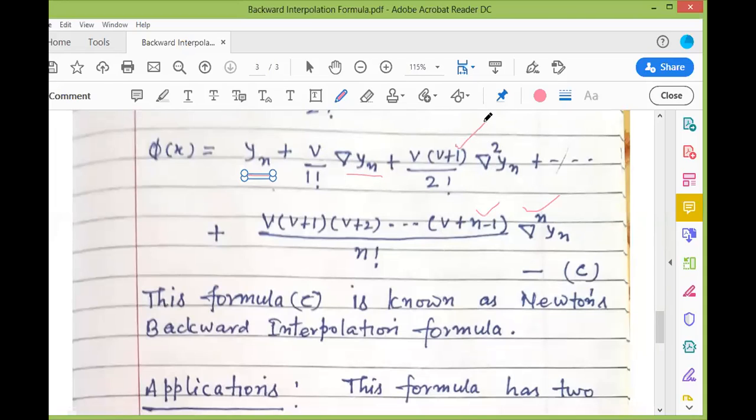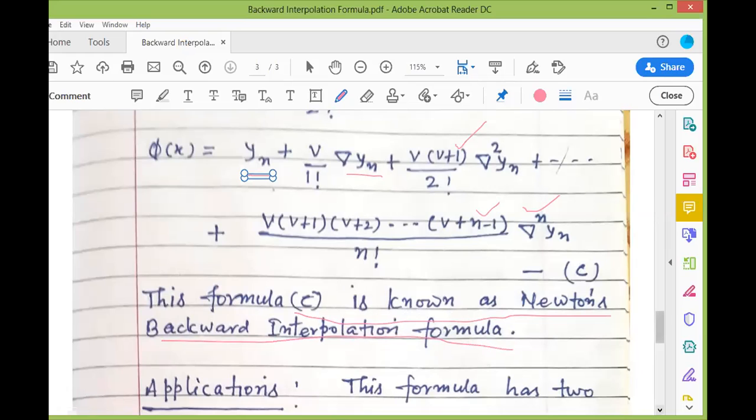You just make it rhythmic for committing it to our memory. We have to remember this, unless we put it in our memory, it is not going to be recalled at the time of application of this formula. Thus, this is known as Newton's backward interpolation formula.